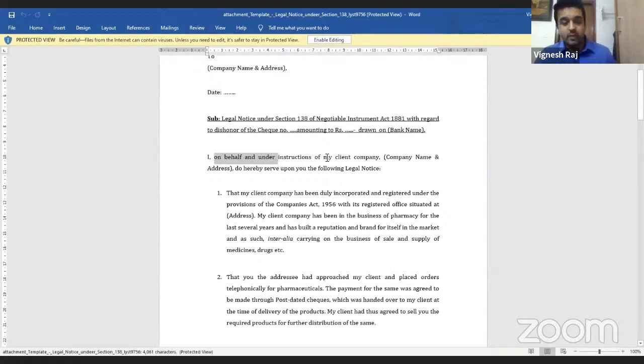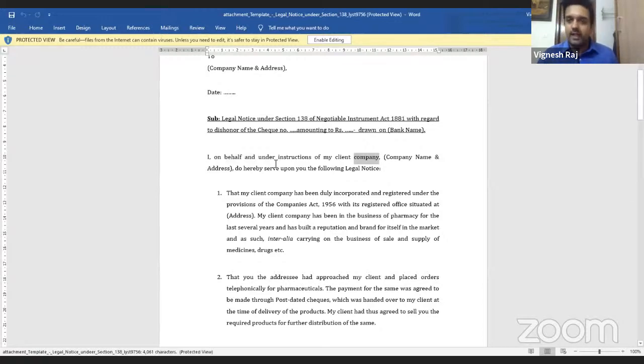If it's an individual, you generally say son of, daughter of, wife of so and so, aged so and so, residing at his address, and state that we have been instructed to inform you as follows. If it's on behalf of a company, you will just state your company along with the address, and thereafter you state that we wish to notify you as under.